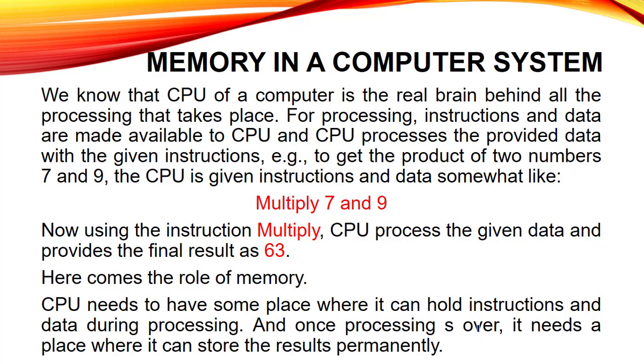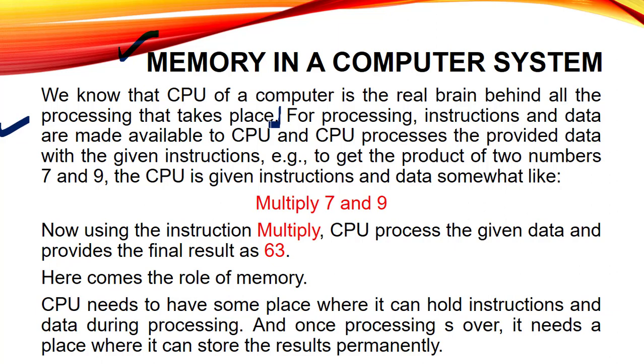Okay. Now we have to discuss the memory in a computer system. This memory of a computer plays a vital role in the whole processing and input-output flow of data. Now let's read and then discuss. We know that the CPU of a computer is the real brain behind all the processing that takes place.